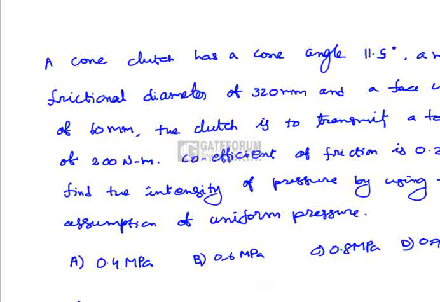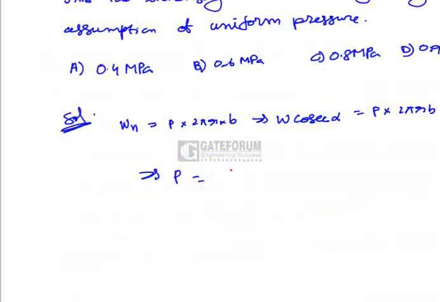Here normal load is given by W cosecant alpha, which is equal to P into 2 pi R B, where alpha is the half cone angle and is given as 11.5 degrees, and here the pressure is equal to W cosecant alpha by 2 pi R B. First we will have to find out this load.